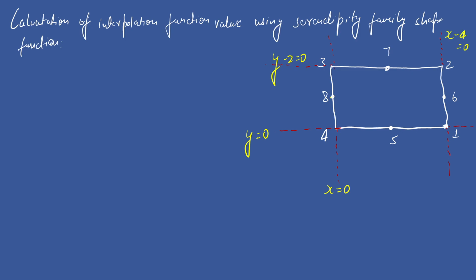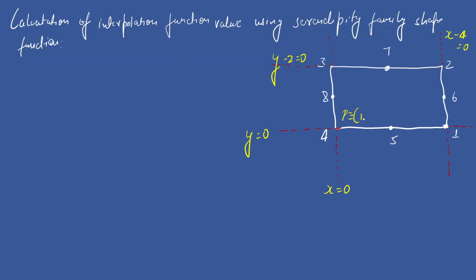p is equal to (1, 0.5). So this is the point of interest where we need to calculate the interpolation function value.